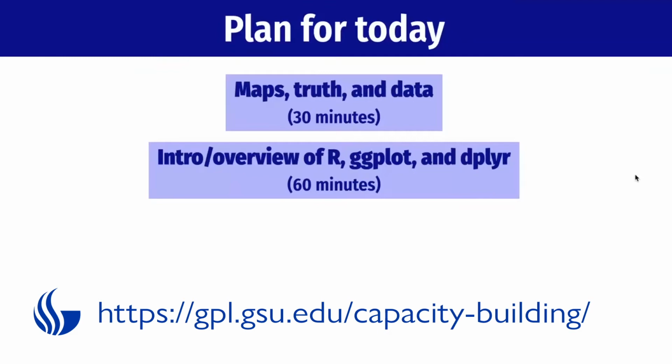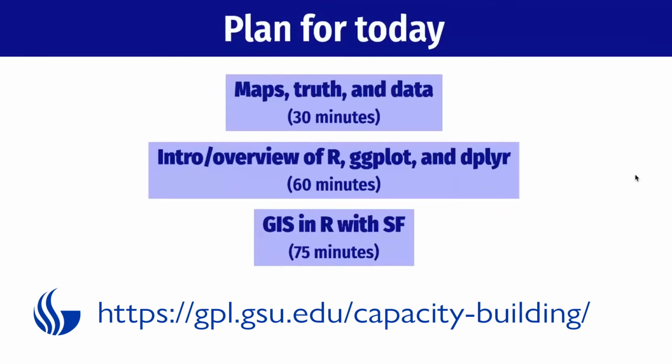We'll be able to do all of this in rstudio.cloud. If you haven't made the account at rstudio.cloud, go ahead and do that. Then the bulk of the session is showing you how to make these maps and do some fun GIS related things in R using a package called sf, which stands for Simple Features, which is some geographic computer science term for geographic data.